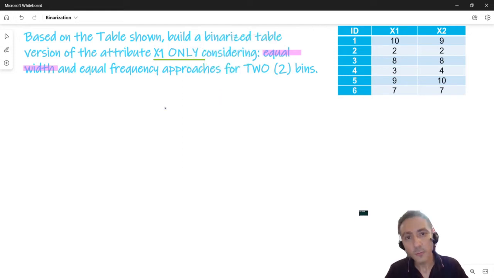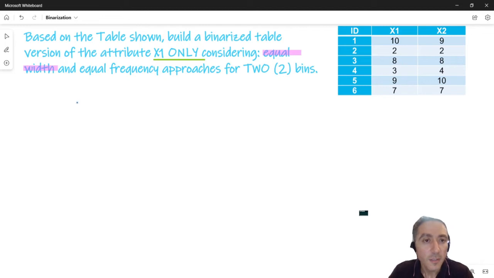Now for equal width, what is the idea of equal width? Let's say I have a farm and I would like to split this farm into 2 to give to 2 different people. Then either I can go with equal width or equal frequency. Let's go with equal width. For the sake of simplicity, let's say the length of this farm is 100 meters.